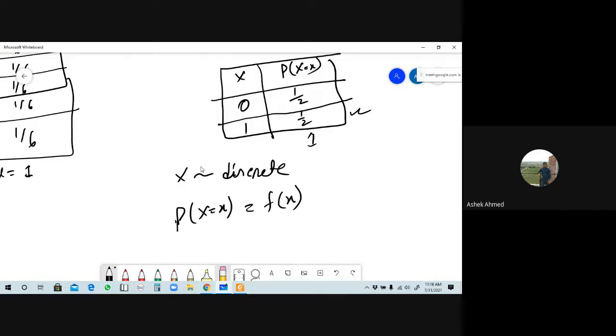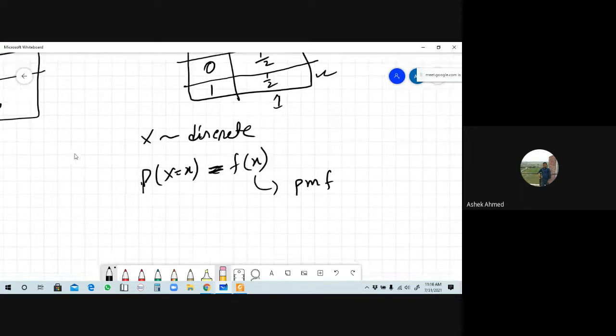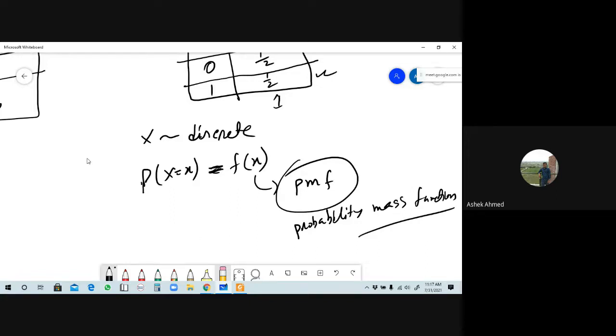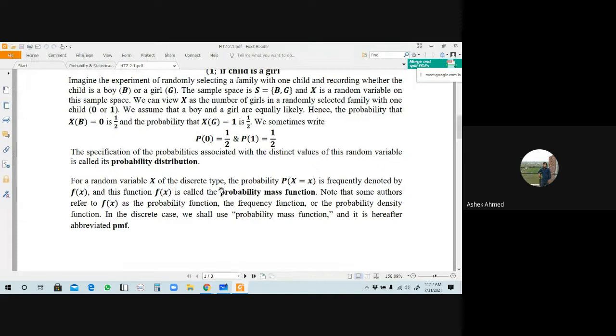This small f of x is called PMF, abbreviated, which means probability mass function. Understand? Yes, sir.